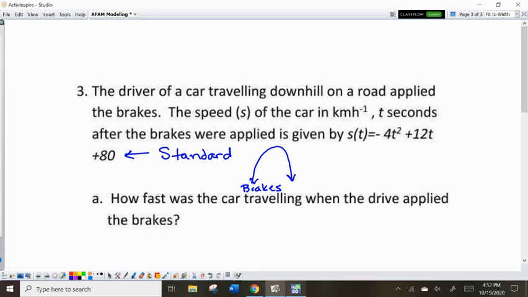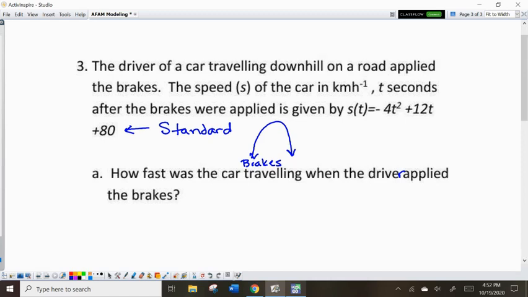So our first question is, how fast was the car traveling when the driver applied the brakes? Well, he applies the brake at the second that this model begins. So that is asking the original speed when time is 0.